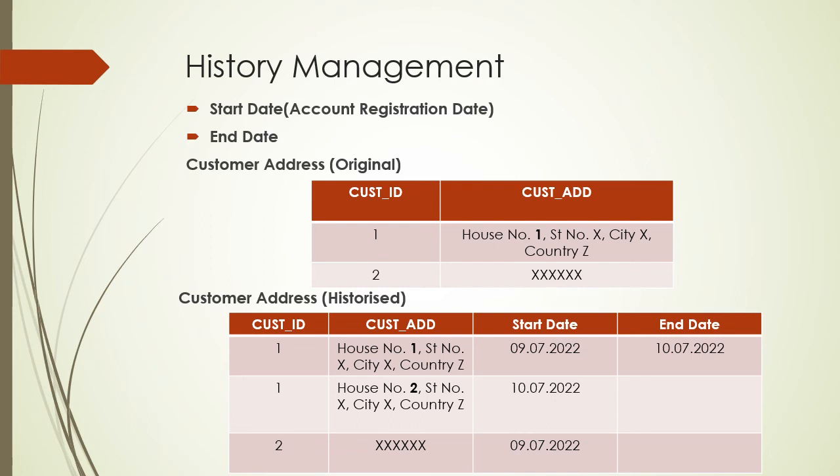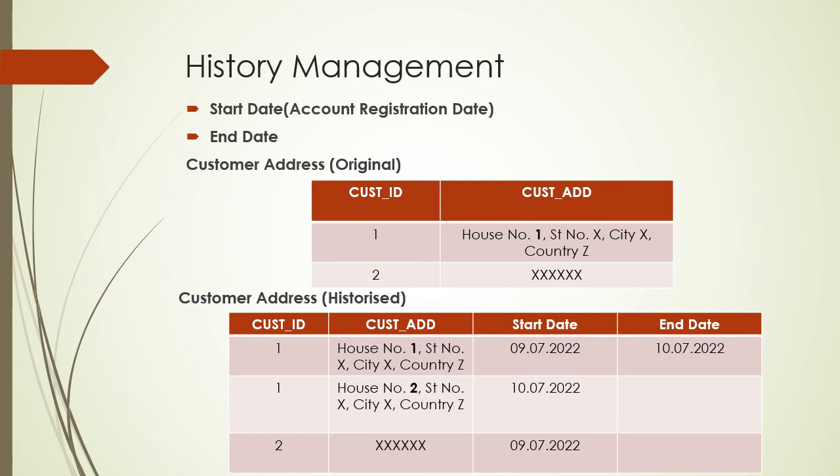But in order to test them, it is very important to understand what the history is and how it is being maintained. Just to summarize what we've already discussed, history is when you create a new instance for an existing object. You have the primary key with the start date as a part of it, so you track the change based on the start date.